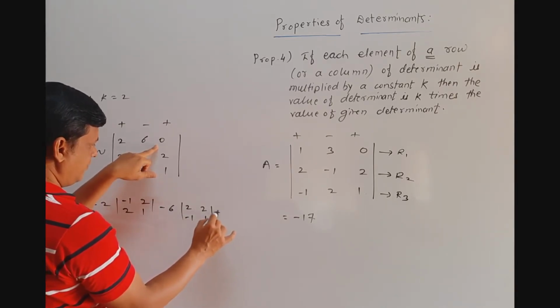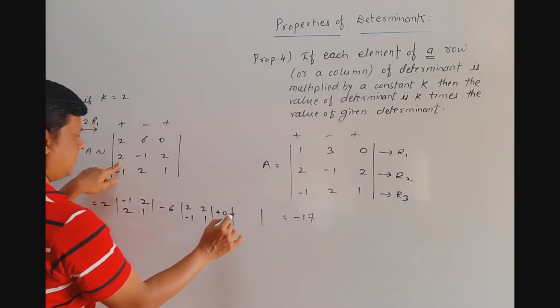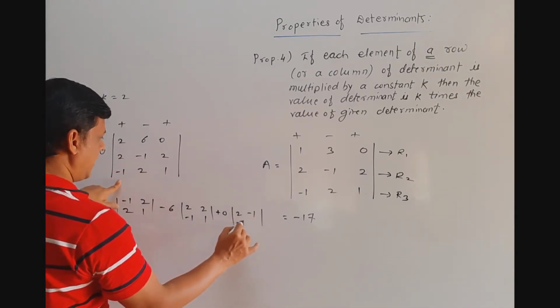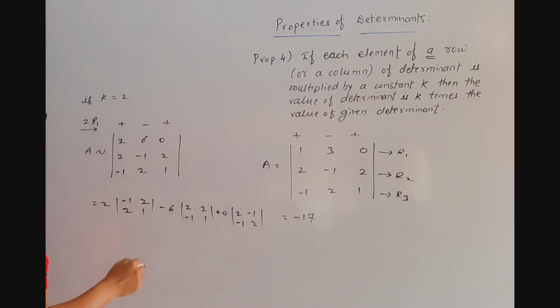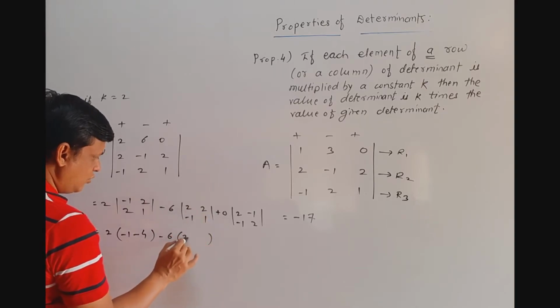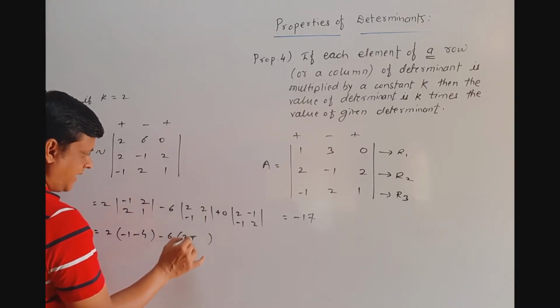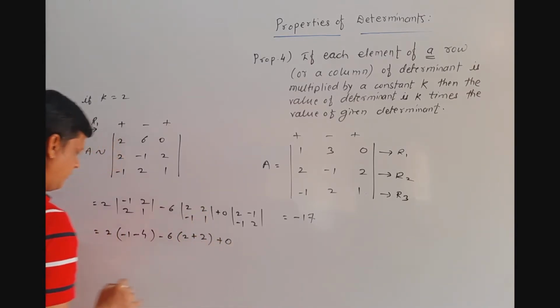Then plus 0 in determinant, we write elements as 2, minus 1, 2 after skipping the first row and third column. So calculate this value. 2 in bracket we get minus 1 into 1 as minus 1, minus 2 into 2, 4. Minus 6 in bracket, 2 into 1 is 2, minus this minus sign, so minus minus gets plus 1 into 2, 2, plus 0.